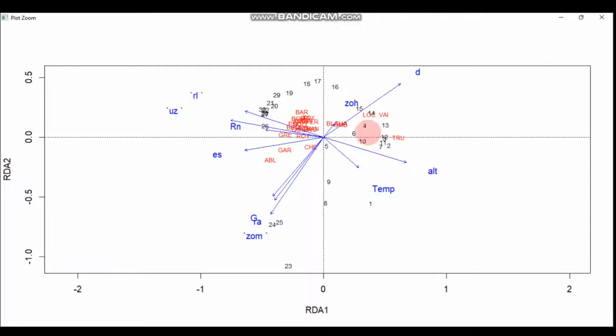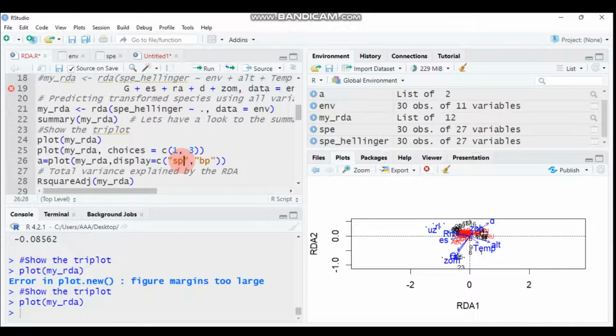If you want to remove some of these numbers, for example 10, 6, 4, 5, which are not necessary, in order to remove them you have to focus the plot only on species and biplot. So indicate the model that you created. Our model is my_rda, and you have to display the SP as well as BP.